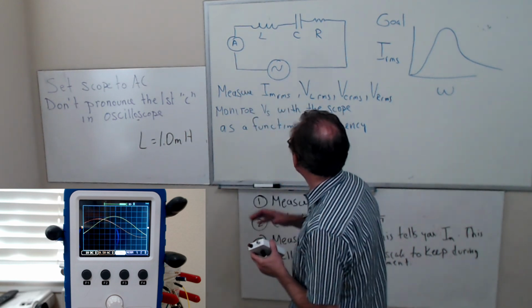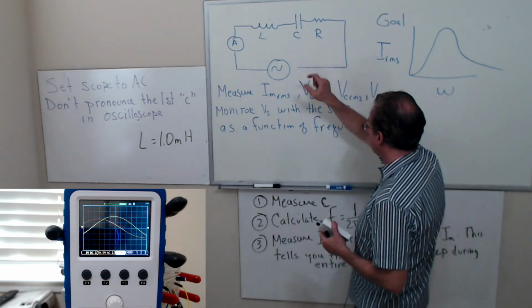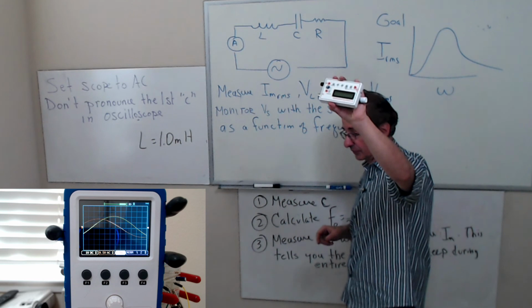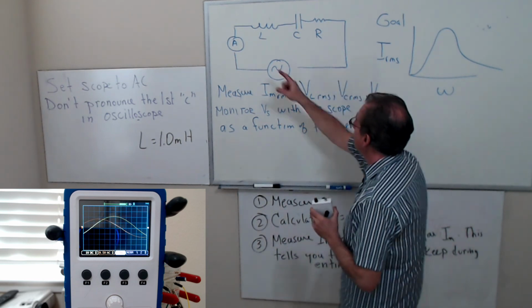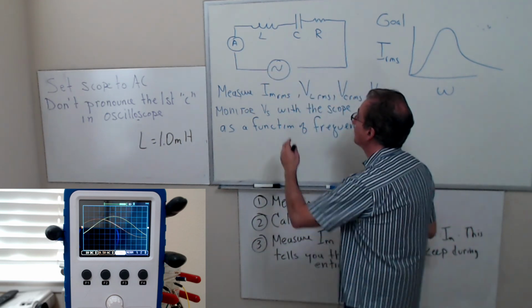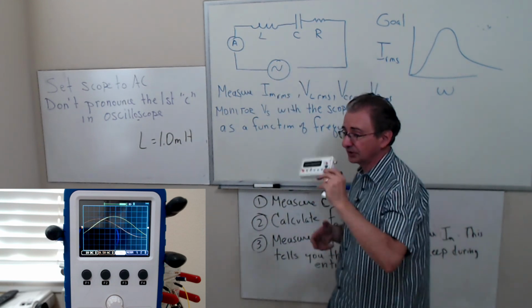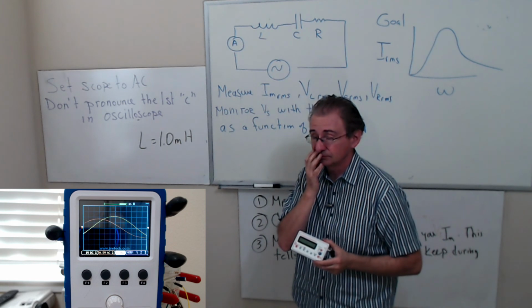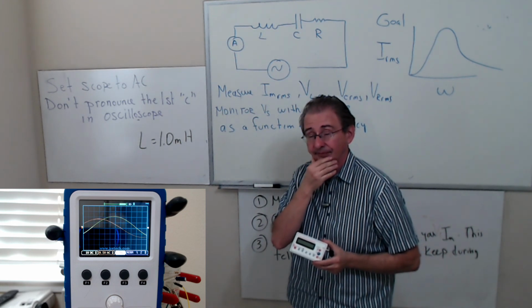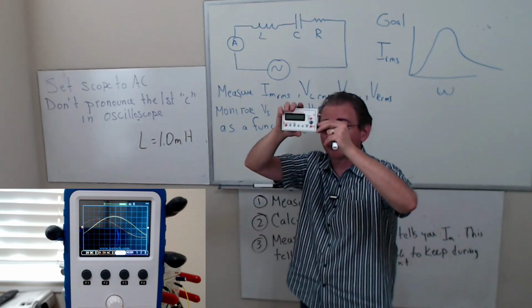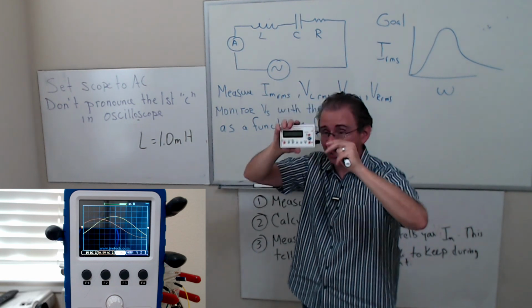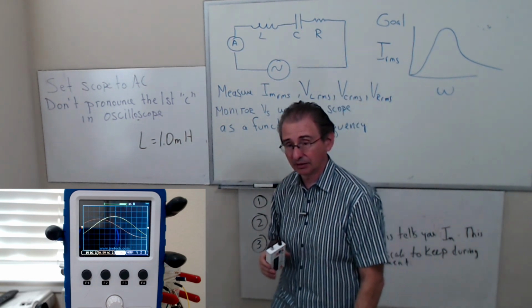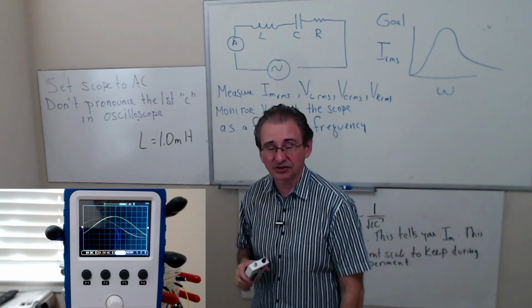So you want to set this to the resonance frequency, measure your current, and see how big a current you can have this thing supply. Okay. If you turn the knob up and the current doesn't change, that means you've pegged the power supply. You reach the limit.